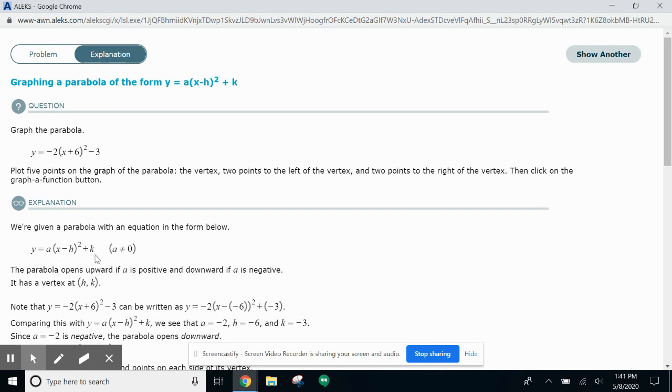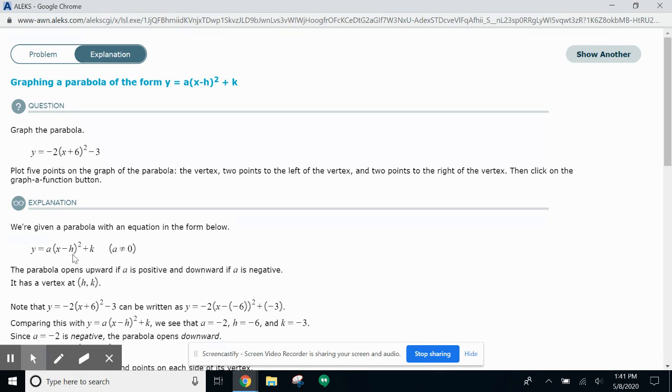So the vertex form is y equals a times (x minus h) squared plus k, where a does not equal 0. So you're never going to have a 0 in the front there. Sometimes it could be a -2, like this. Sometimes it can be positive numbers. Sometimes it can be a 1. Or if they don't put anything there at all, it means a 1 as well.